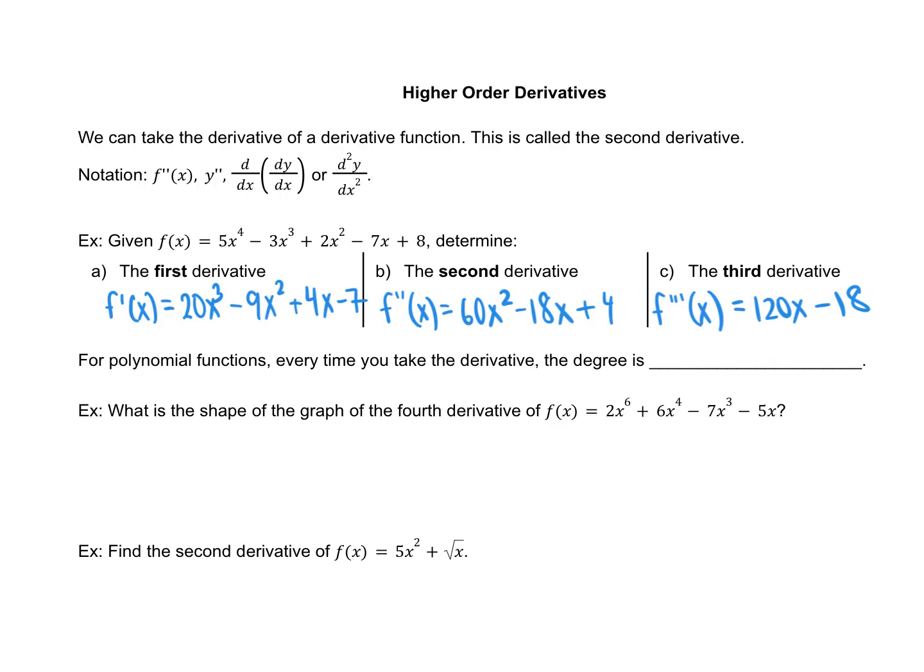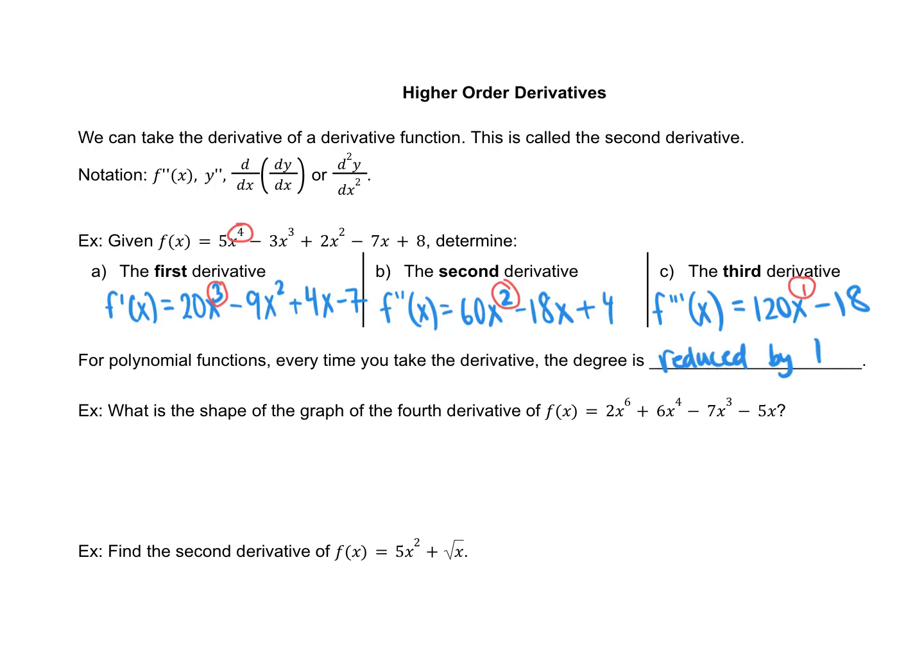Now what I want us to notice here is that we started with the quartic function, and every time I found a derivative, that degree dropped. So if I have a polynomial function, every time you take the derivative, the degree is reduced by 1.